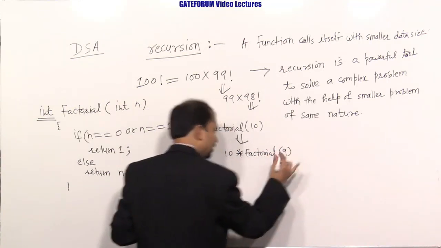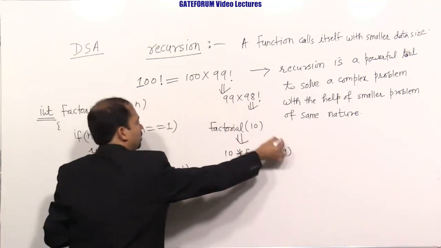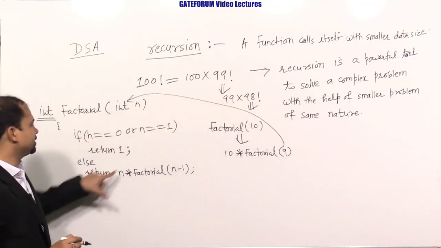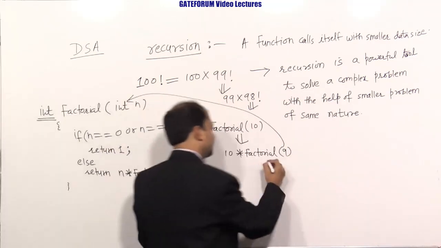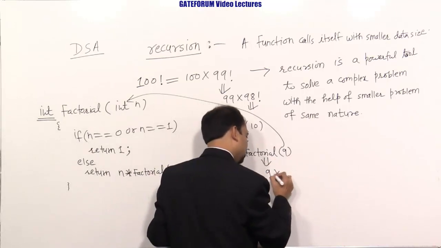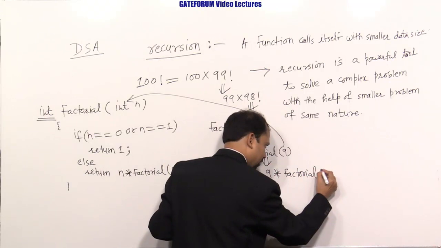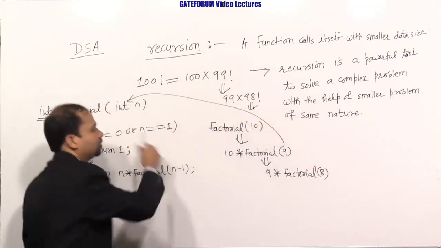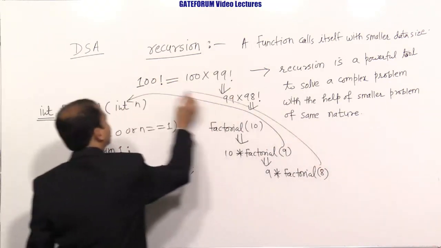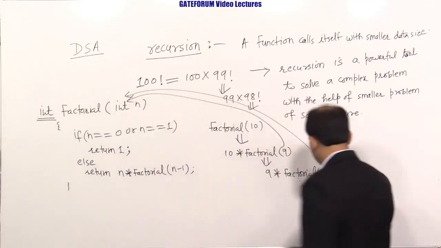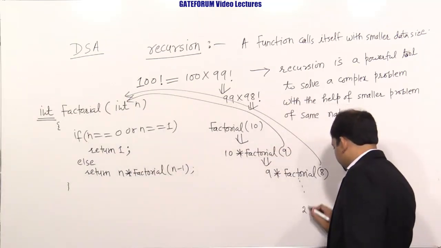Control comes again to this function, the base case is again not satisfied, so it will call 9 times factorial of 8, n minus 1. Again there will be a new function call with a different input size. This continues until 2 times factorial 1.